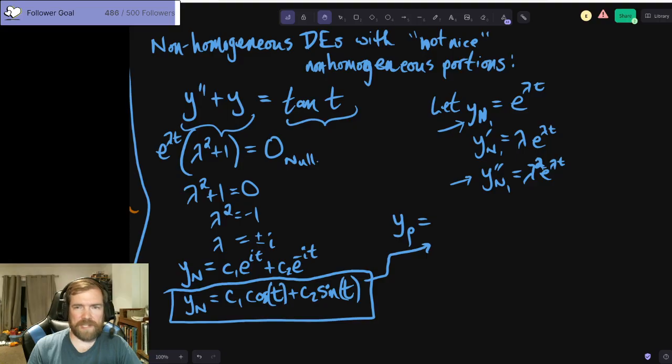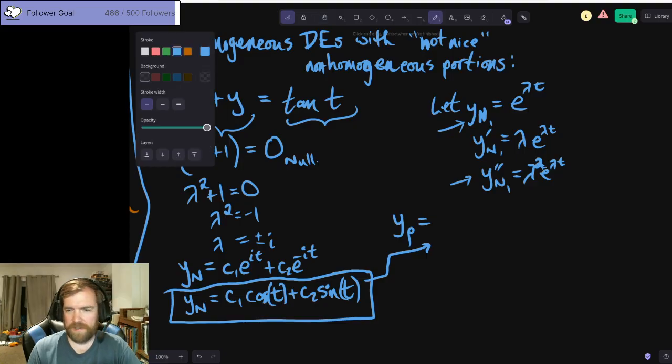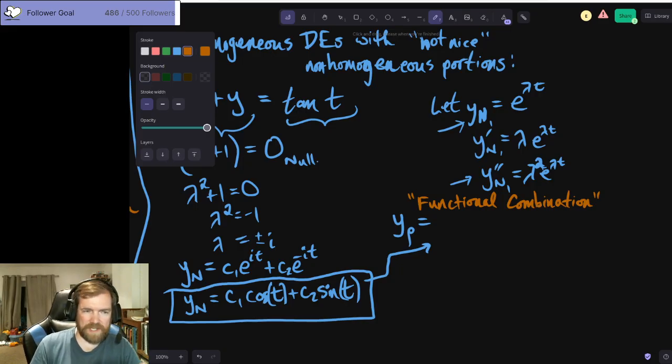So the horrible Frankenstein term that I used for this was going to be a functional combination of the null space solution, or fundamental set of the null space solution, rather than as the null space solution is a linear combination.